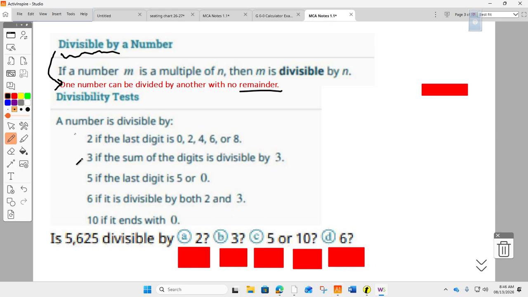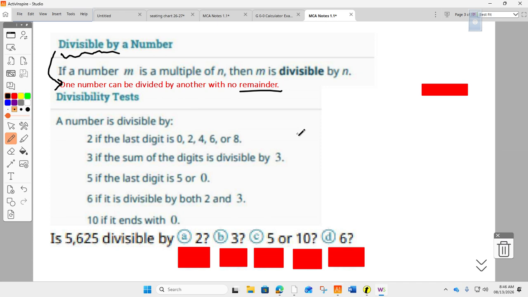There's some shortcuts here. Maybe you should have put these in your notes, but they are in the textbook on Canvas, right? So in order to do the prime factorization of bigger numbers, we need to know which numbers it's divisible by. We need to be able to find the multiples and such. So there's some shortcuts here.